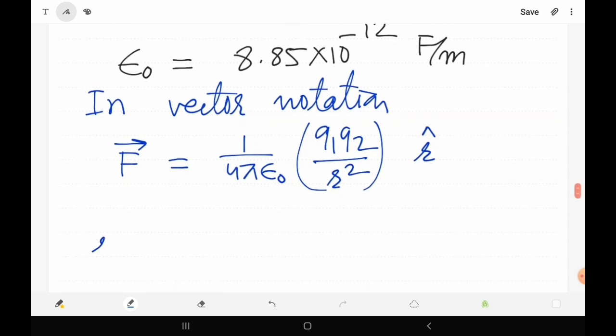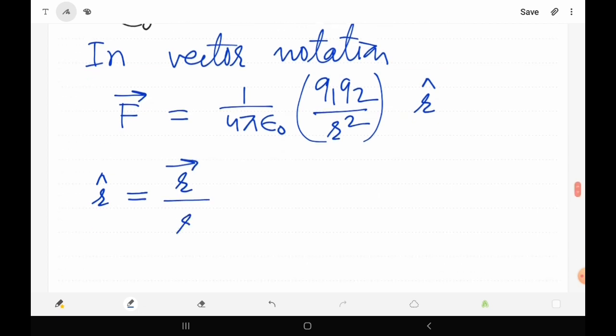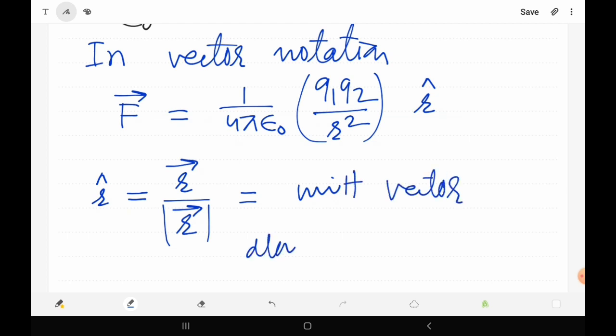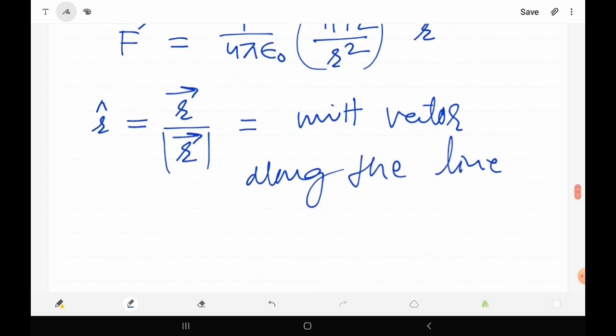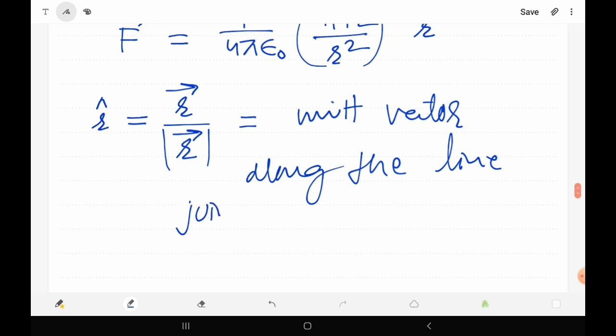This unit vector r cap is the vector r, the separation between two static charges, divided by its magnitude, mod of r. It is a unit vector along the line joining the two charges.